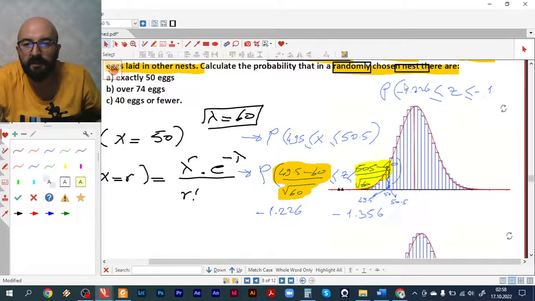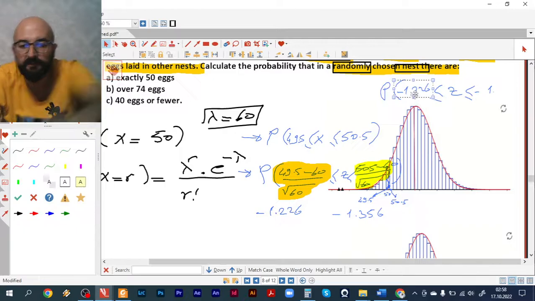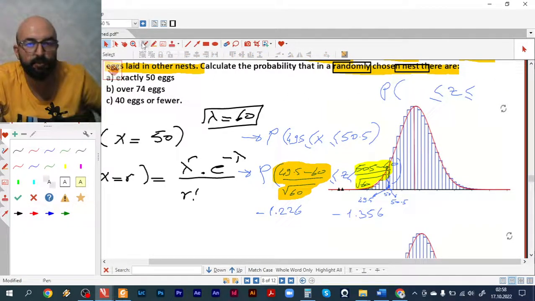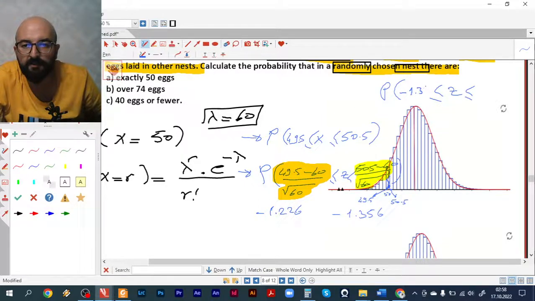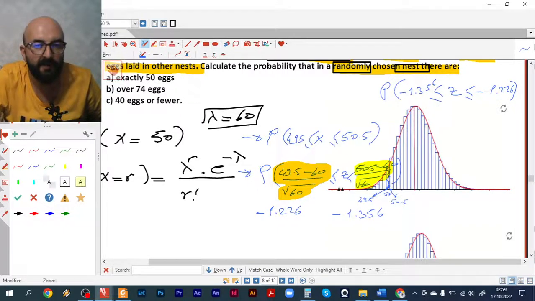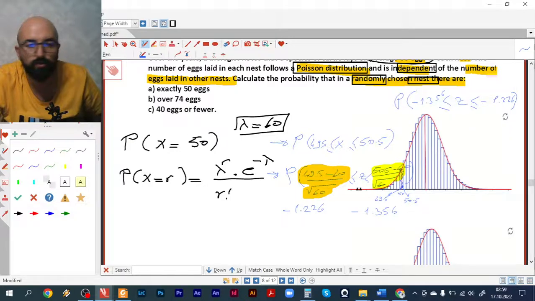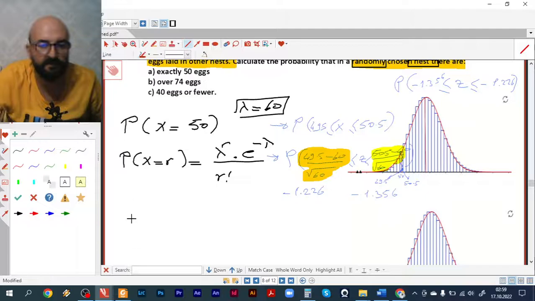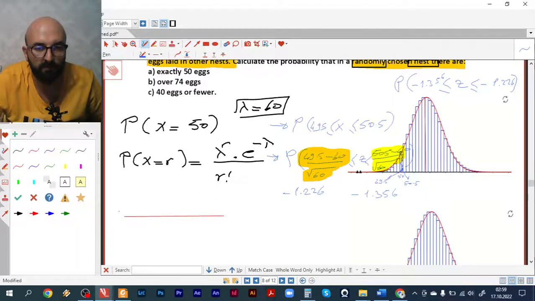Okay, this point should be minus 1.356, minus 1.226. Now I want to use the normal curve, the symmetrical curve.